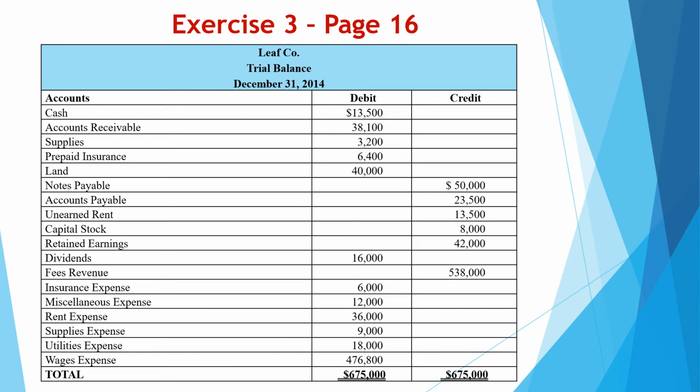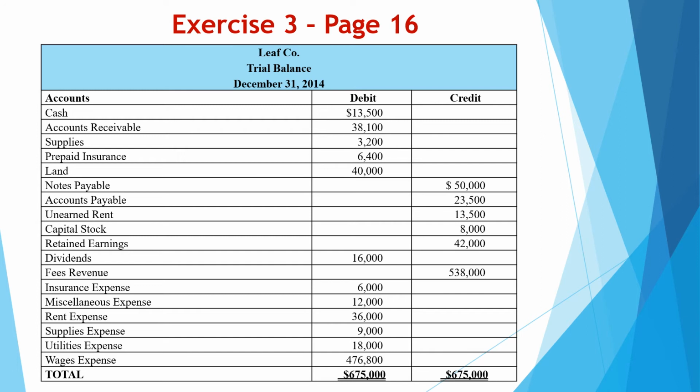So we have accounts payable, it is a liability account. Accounts receivable, assets. We have the capital stock, we have the cash, which is asset, we have the dividends, we have the fees revenues, which is revenue, insurance expense, it is expense.